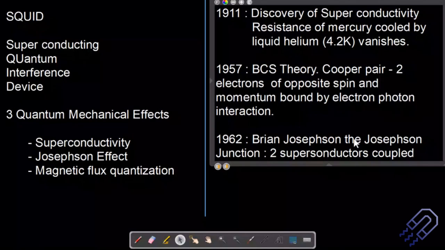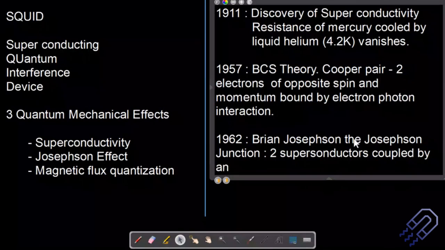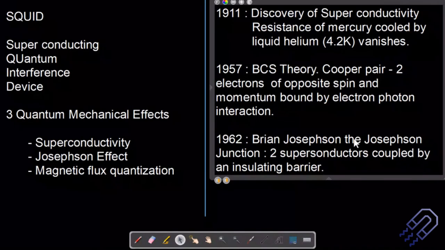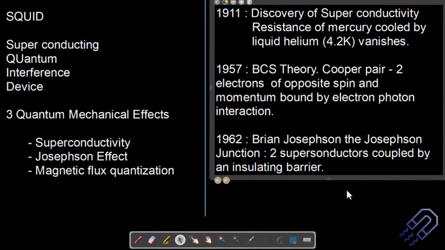Even if there is an insulator, we will see that a current flows. So it is two superconductors coupled by an insulating barrier. Let's explain the Josephson effect now, and then we'll get back to the timeline.